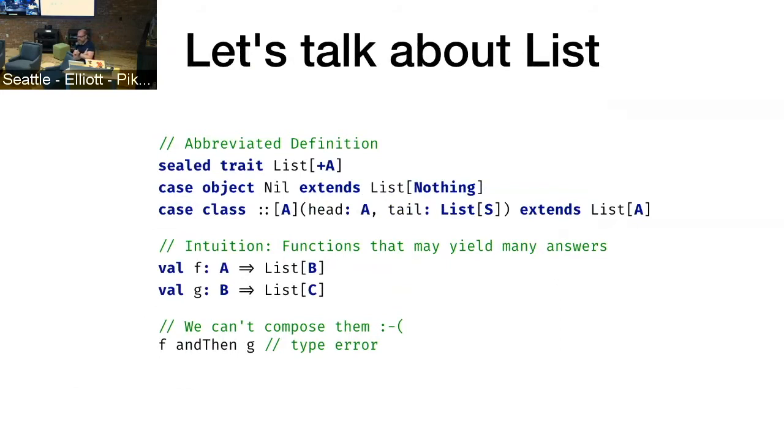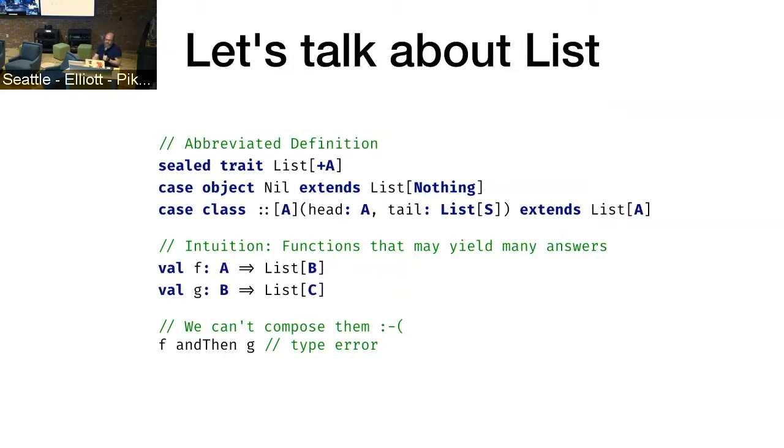The idea is we can have a function that can return many values. So if we were able to compose F and G together, what we would get back is every possible C that could have been computed. Every possible B might give rise to a bunch of possible Cs, and we want to get all of them back. So this gives us a way to talk about a kind of non-determinism.